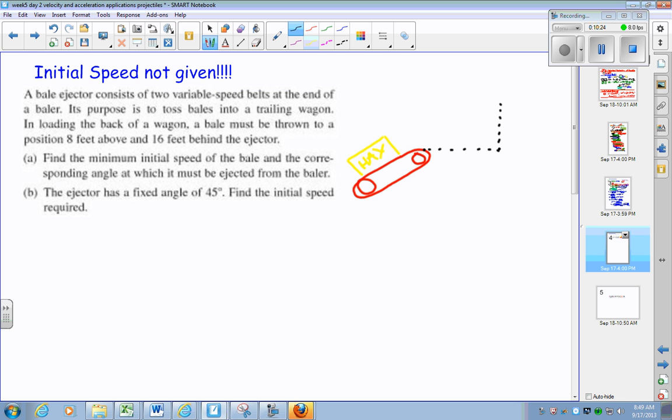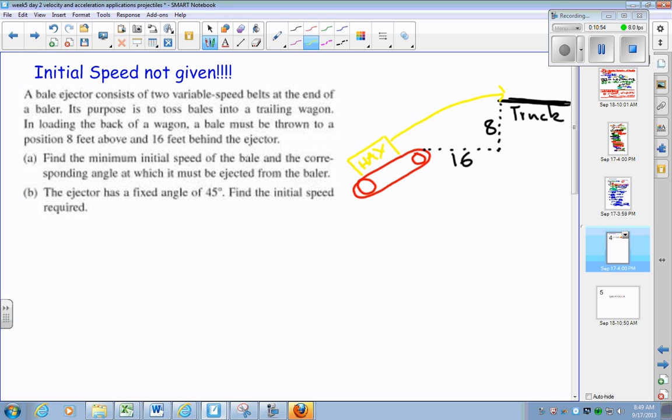Here's my truck. And it needs to land right here on that truck. And let's see, it says 8 feet above and 16 feet behind, okay? So I'm going to try and shoot this hay, my ultimate goal is to land it there, okay?